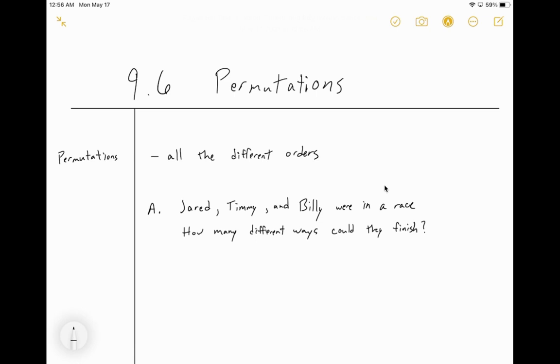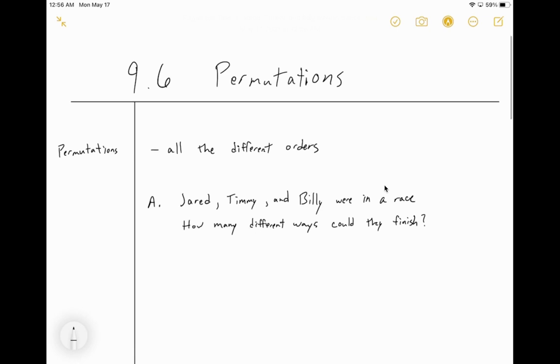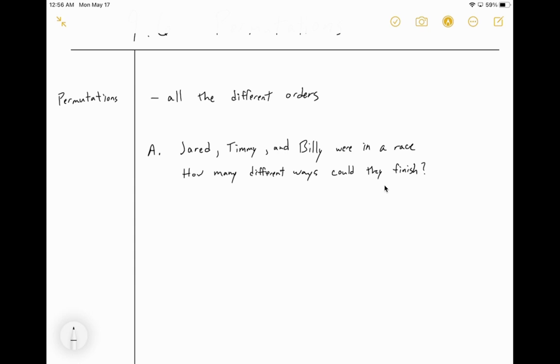So let's just do it the slow way. Let's just list them all out. You have to imagine that they're in this race. First, Jared could win, then Timmy could come in second, then Billy could come in third. Or Jared could win, then Billy could come in second, then Timmy third.